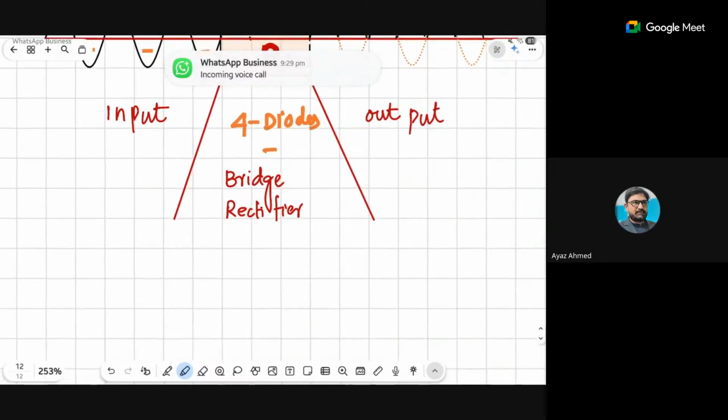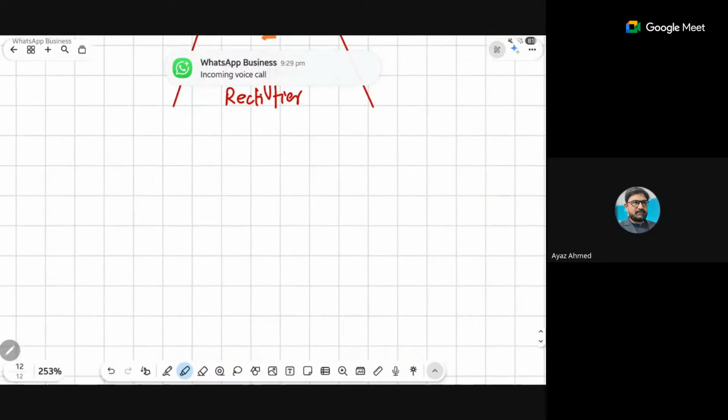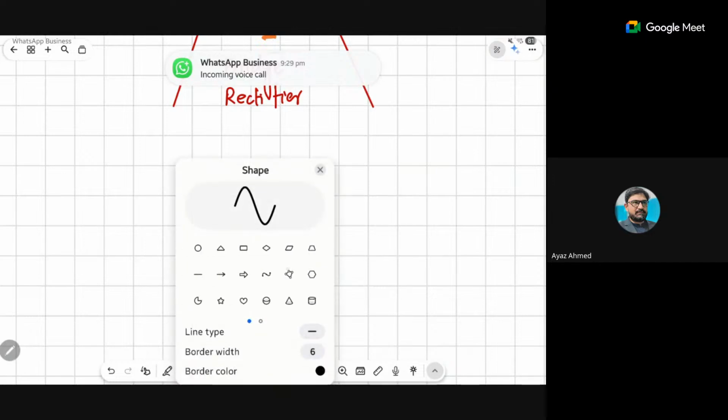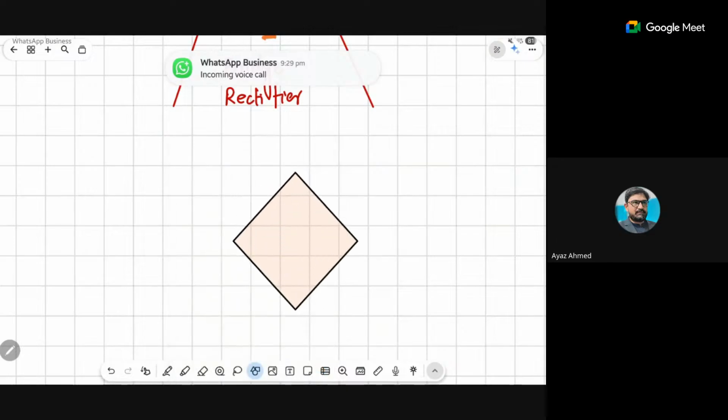Okay. So this bridge rectification, we will discuss that. Beta, listen. The important thing is how we connect these four diodes. First of all, we must have a sort of diamond structure, and then that diamond structure will help you out.